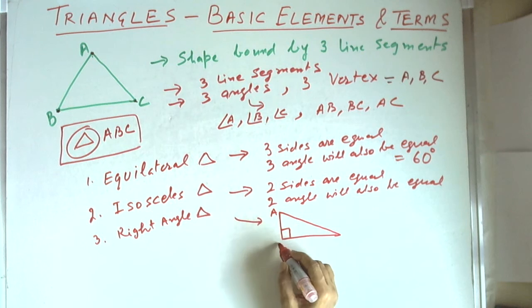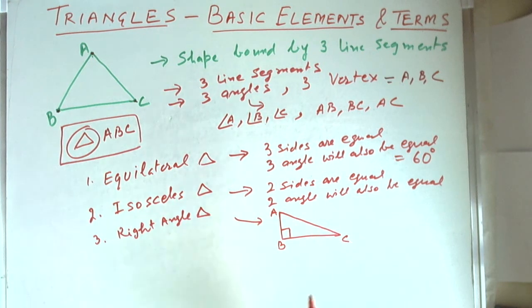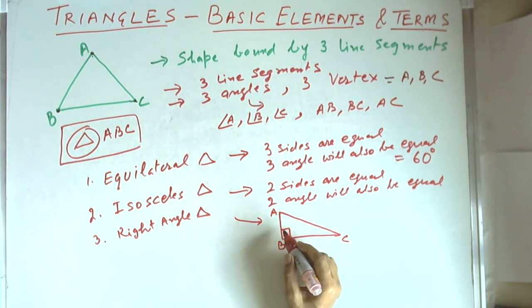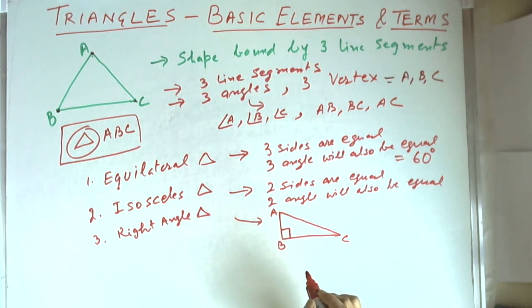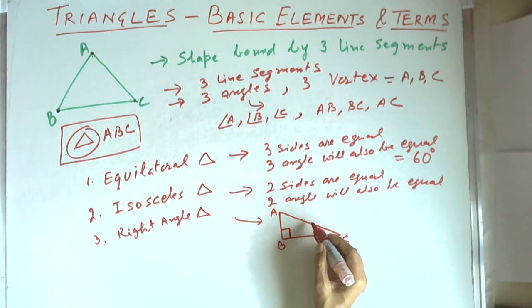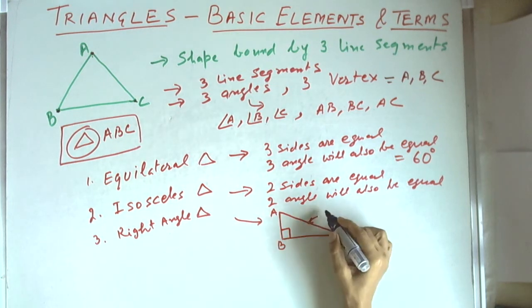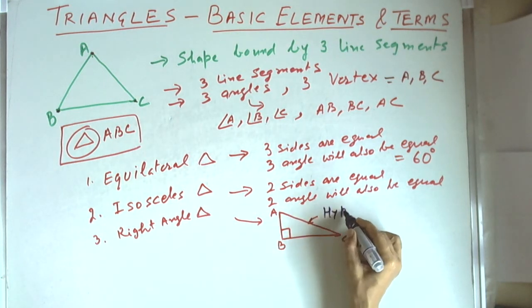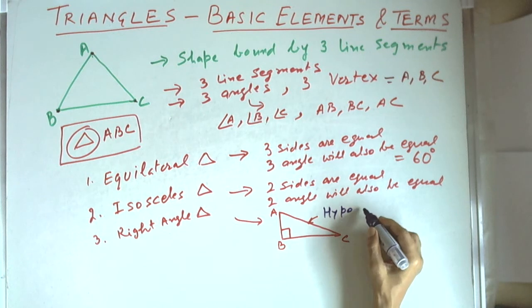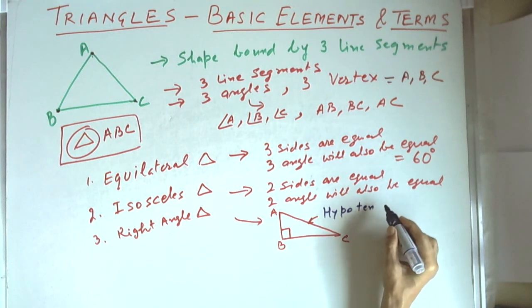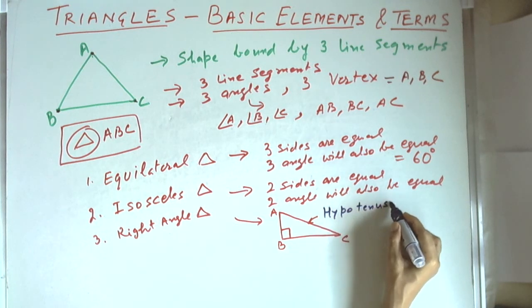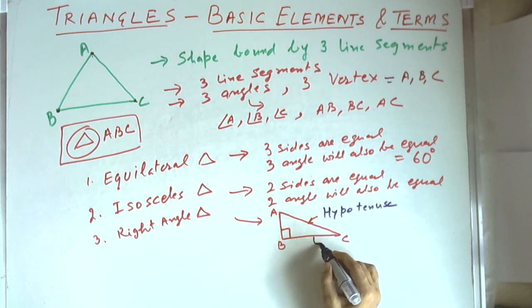Say for example ABC is a right angle triangle, and this angle is the right angle, and the side opposite the right angle is called the hypotenuse. And this is called the base.